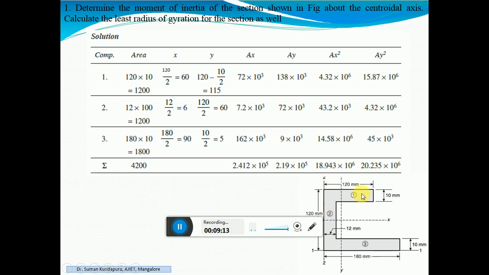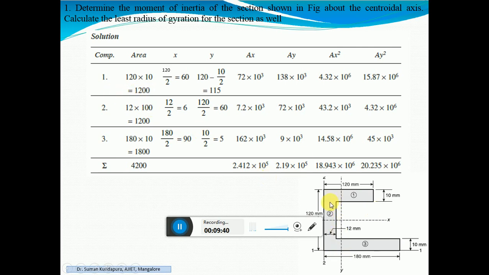I will split the C section into a number of rectangles, 1, 2 and 3, and in a similar way to how I calculated the centroid, I will go about it. Write the first component, that is a rectangle. Write here rectangle 1, area you find out 120 into 10, 1200.